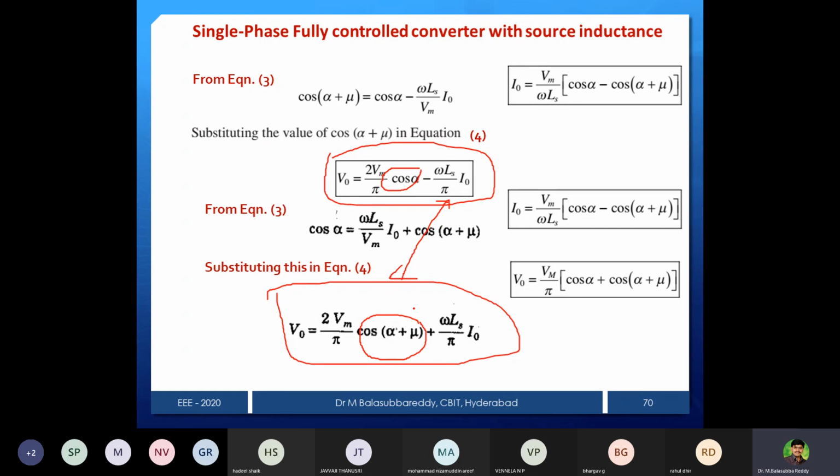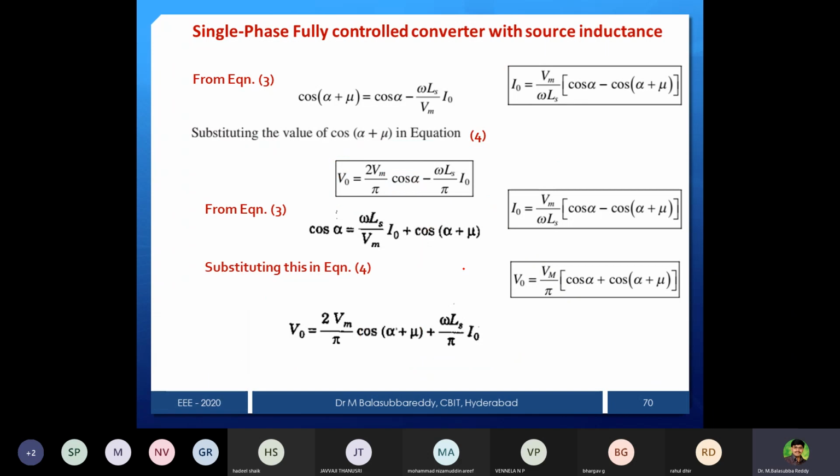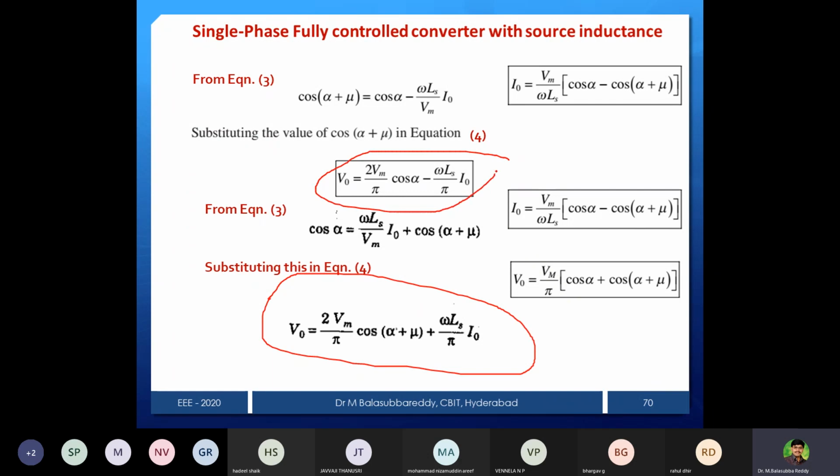Wherever you are required to calculate average output voltage, directly you can use this, or if you are required to find the overlap angle, you can use this, or else this also you can use. These three equations need to be remembered, or in one step you can easily derive only the integration portion and get these three. If you remember these three equations, you can easily solve the overlap angle problem. Any one of the equations is going to suit the given data.